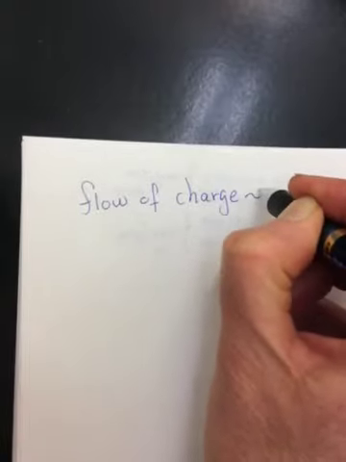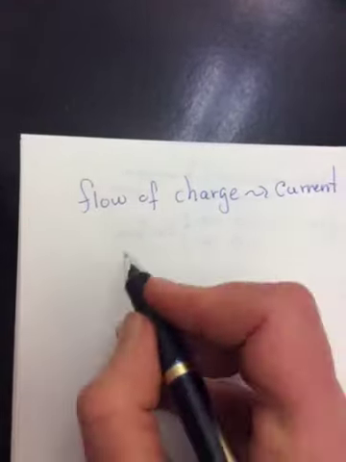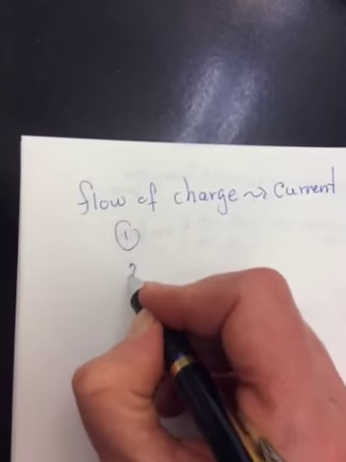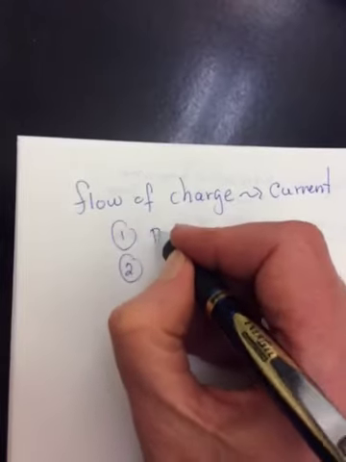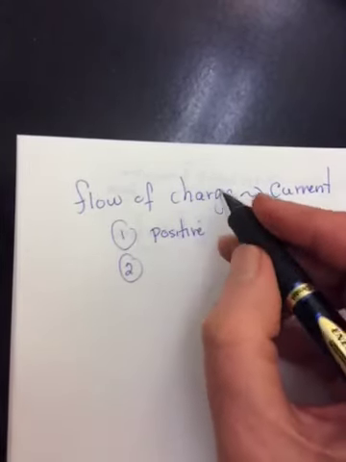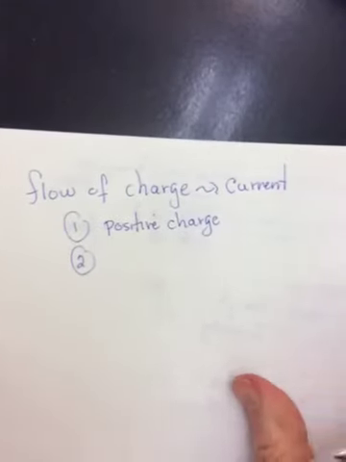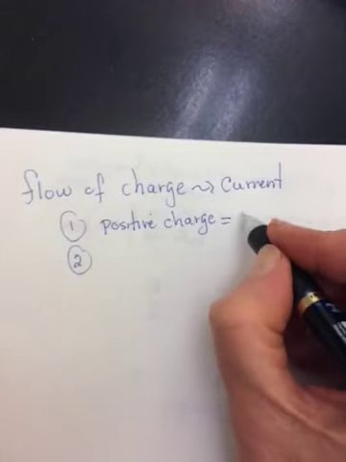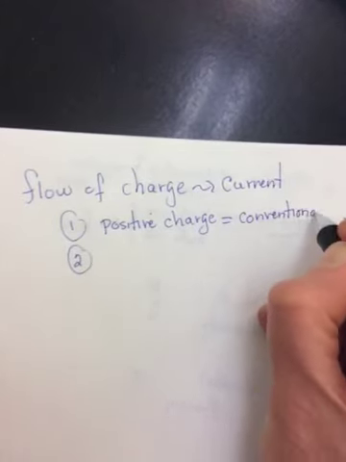Flow of charge is really current. And there are two ways of looking at current. You can look at it as positive charge flow, which is from way back when. And whenever one does that, it's called conventional current. Conventional as in a long time ago.